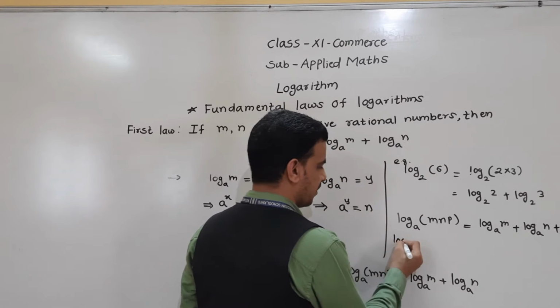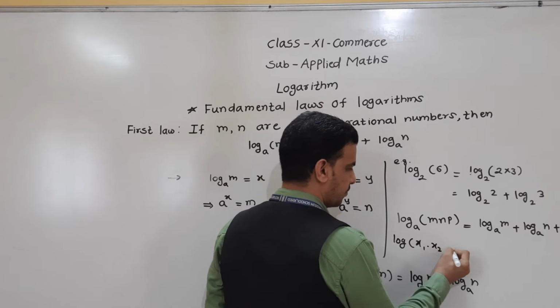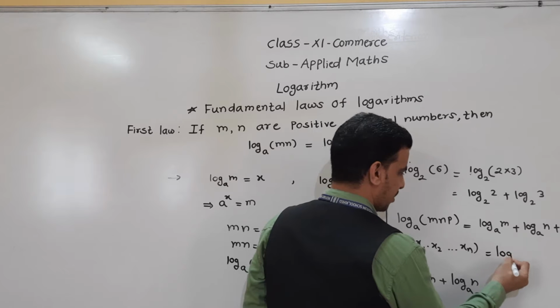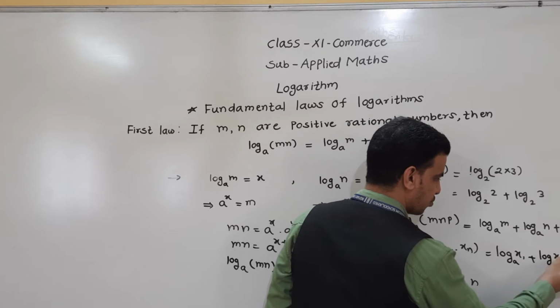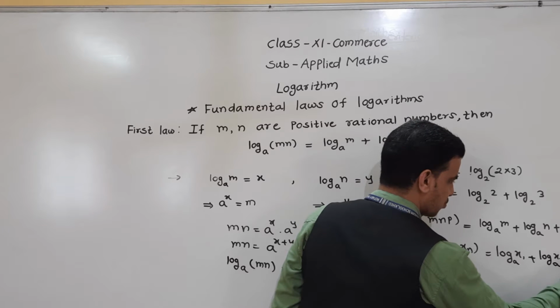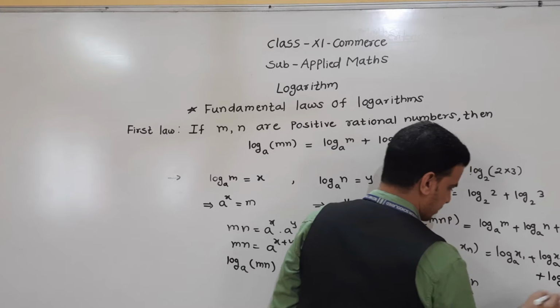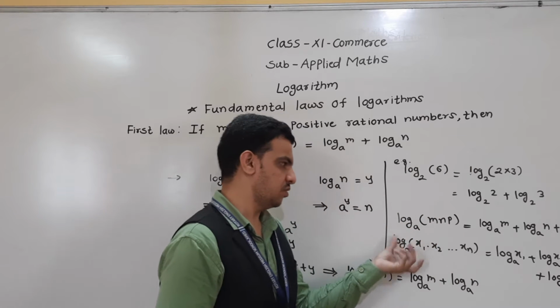Similarly, if n numbers are there, x1 into x2 up to xn to base a, we can write log of x1 to base a plus log of x2 to base a and so on, log of xn to the base a. So we can generalize this also.